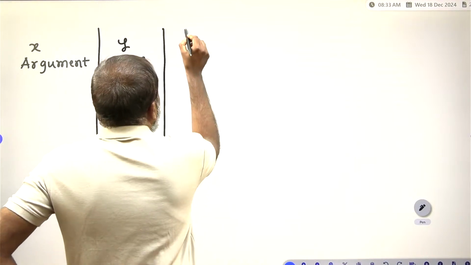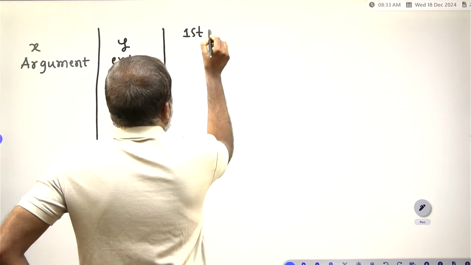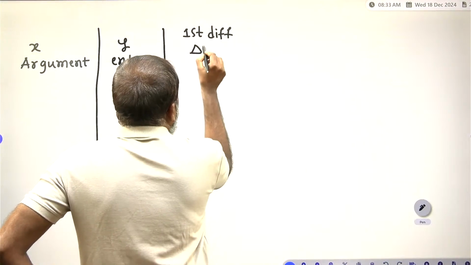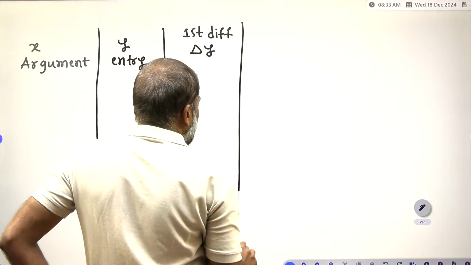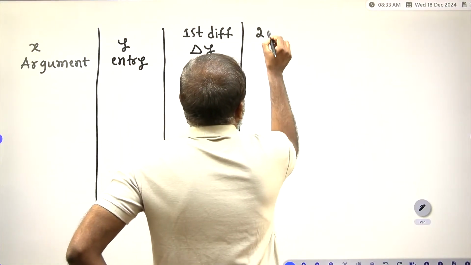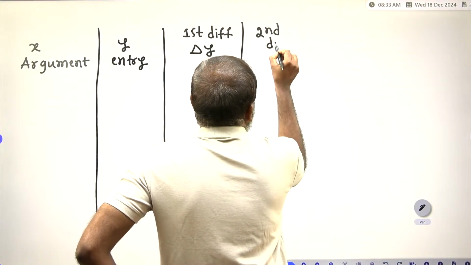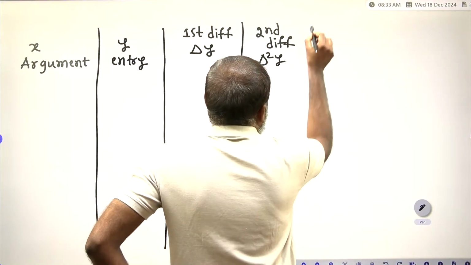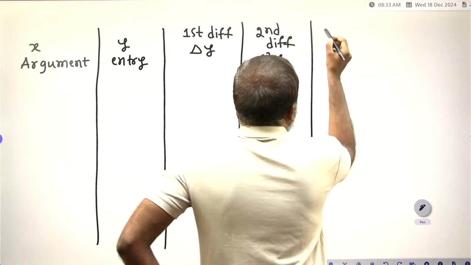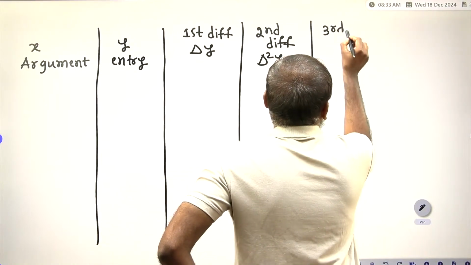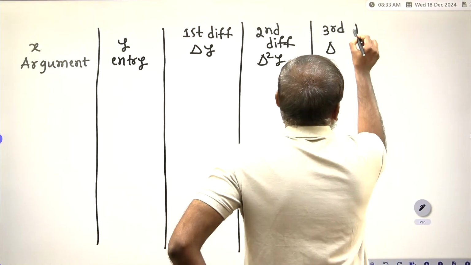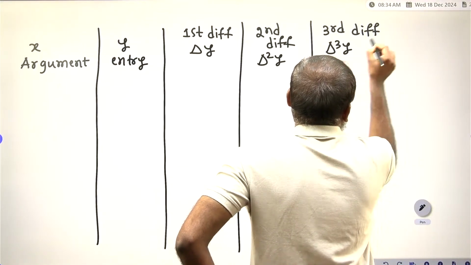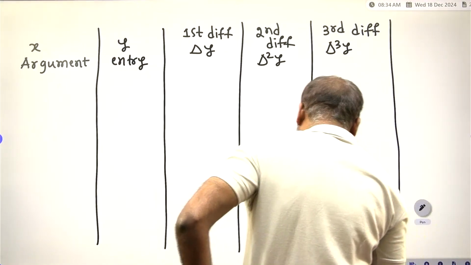Now the first difference, we write as delta y. The second difference we call delta square y. Now the third difference we call delta cube y. These are the differences.